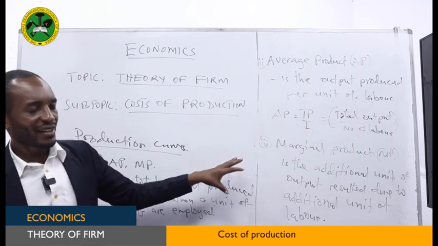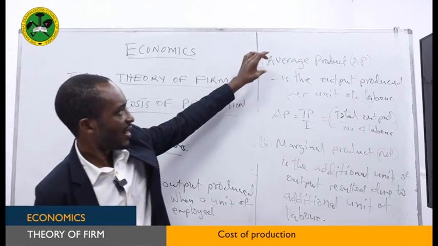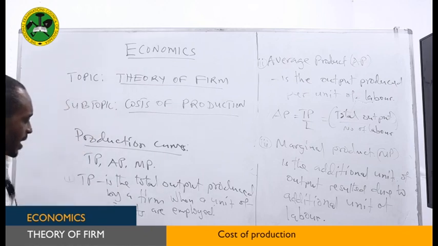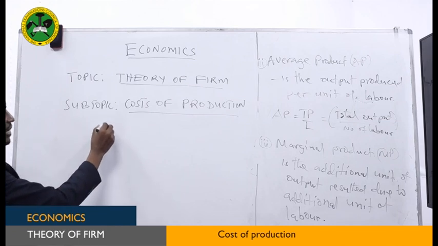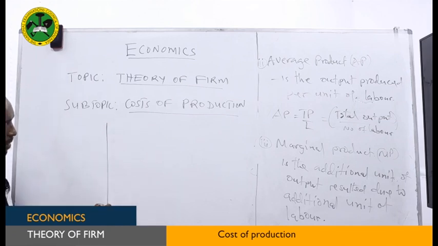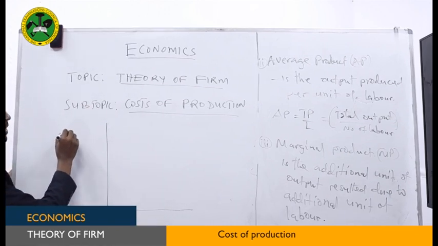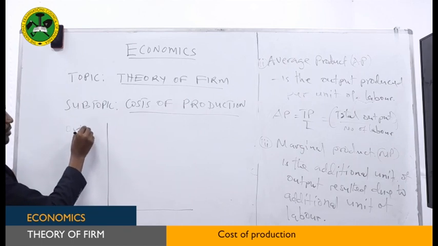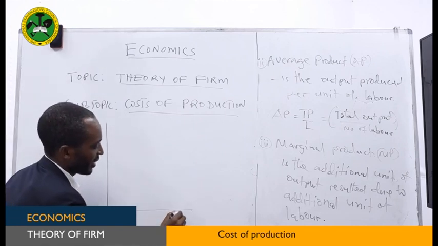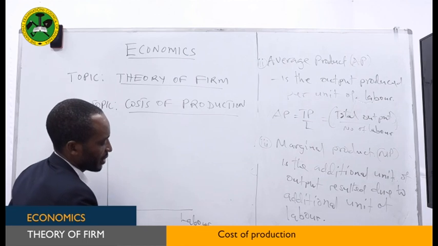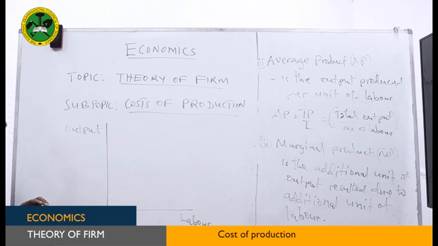Now let us show graphically the three concepts: total product, average product, and marginal product. So when you show it graphically, you draw the vertical axis and the horizontal axis. On the vertical axis, you put the output which is produced. And on the horizontal axis, you put the number of labor which is employed by the firm.